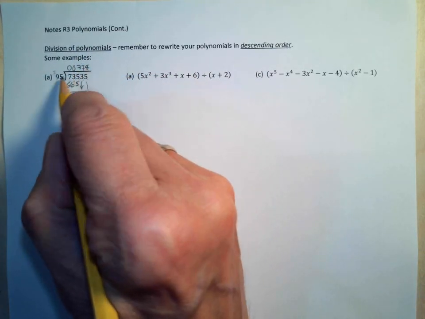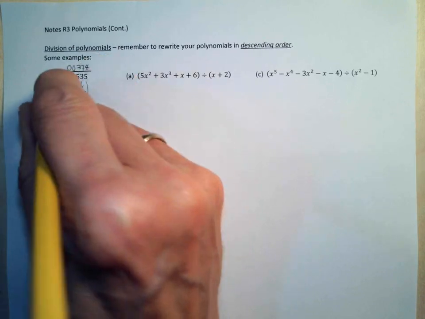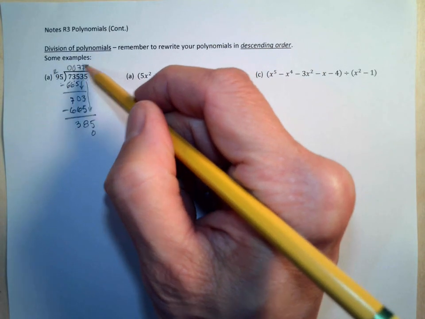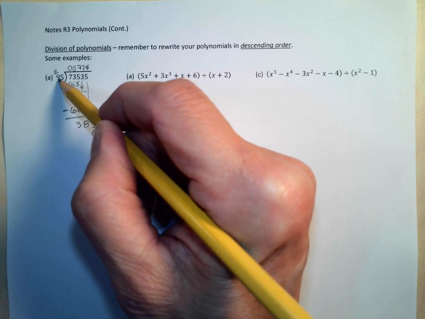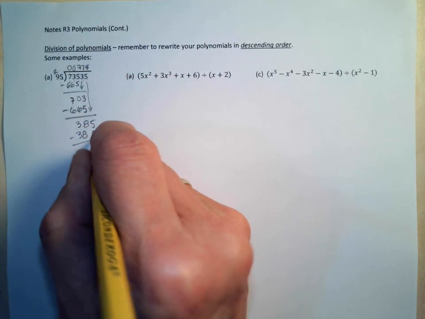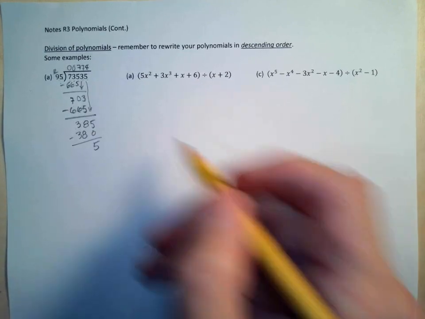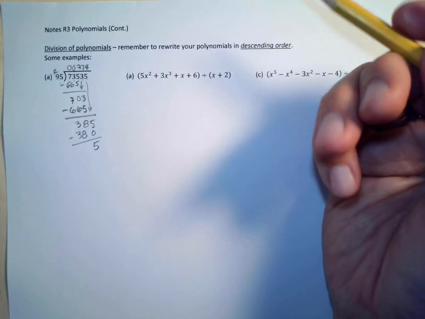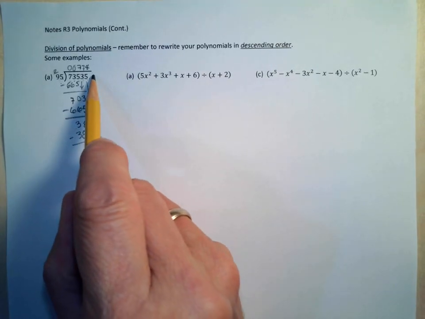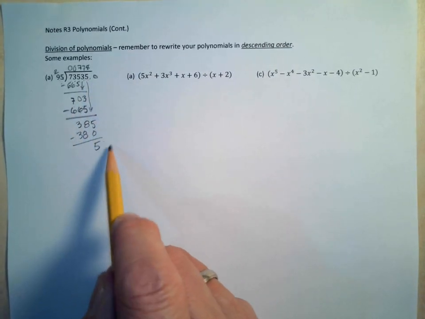And so I multiply 4 times the 95. So 4 times 5, that's 20. Carry the 2. 4 times 9 is 36, plus 2 more is 38. And I subtract, and I get 5. Okay, I have no more numbers to bring down. Now, sometimes we would put a decimal point there and put a 0 and then bring down the 0 and just keep going.